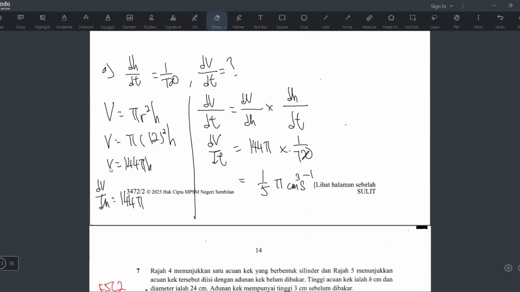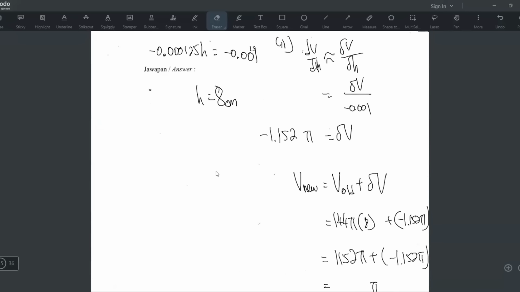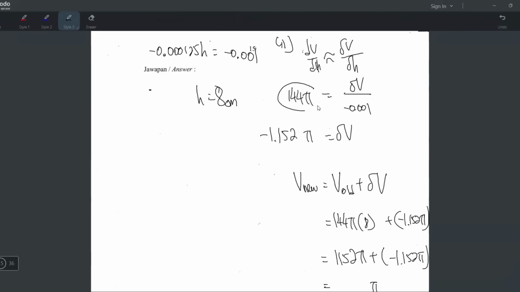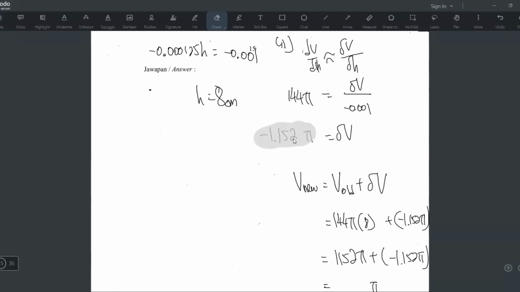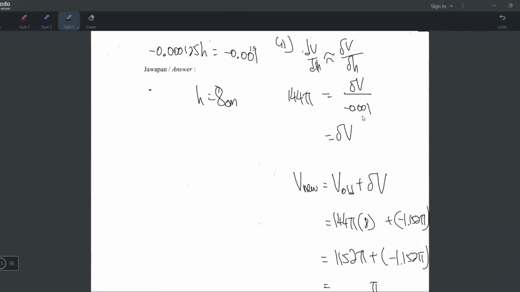No, that's the V. The dV/dh is 144 pi. And you don't have to sub with h because there is no h anymore. After you differentiate, you end up with 144 pi. So you don't have to sub the h of 8. Of course, if your dV/dh answer has h, then only you have to sub with the original old value of h. But after differentiating, there's no h already. So it should be 144 times negative 0.001. My careless mistake there.